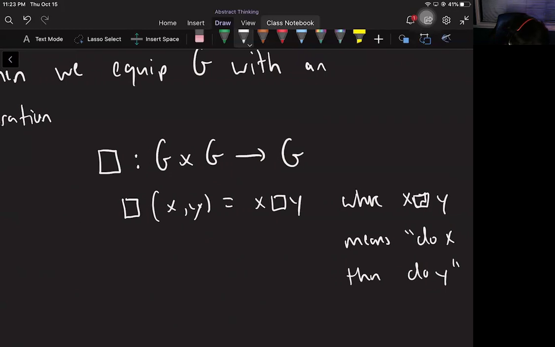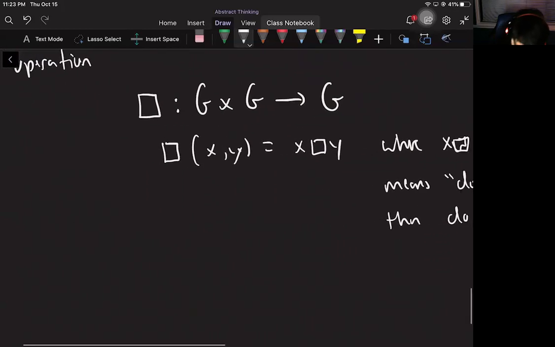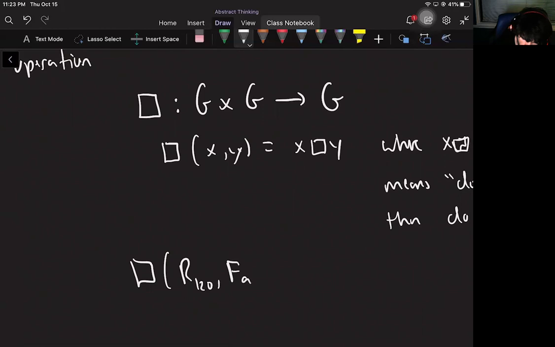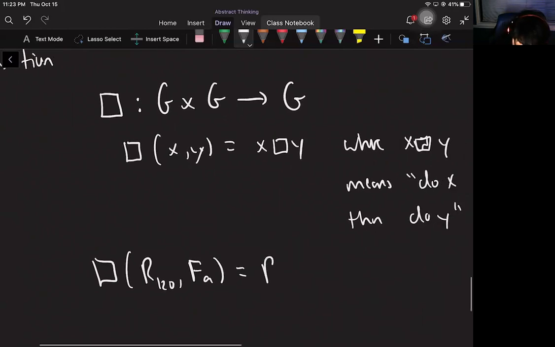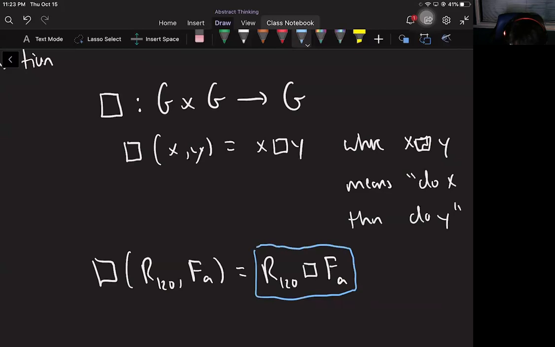So for example, I could do R120, comma, FA. So this means I should rotate my triangle by 120 and then flip the triangle over A. So you'll notice this guy, for this to be an operation, what better happen?